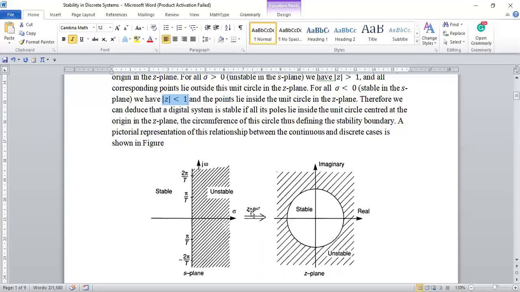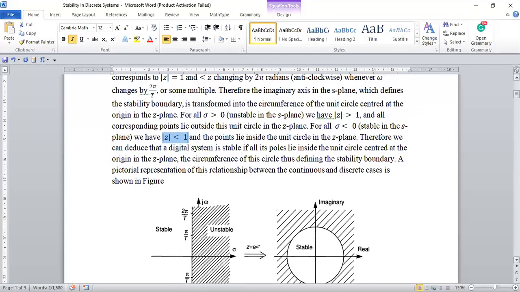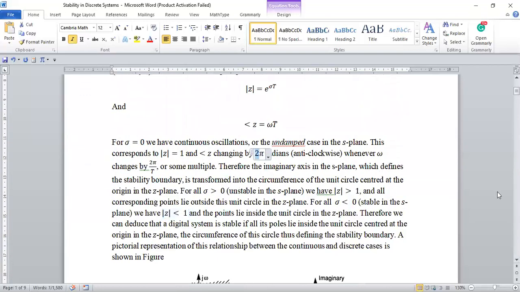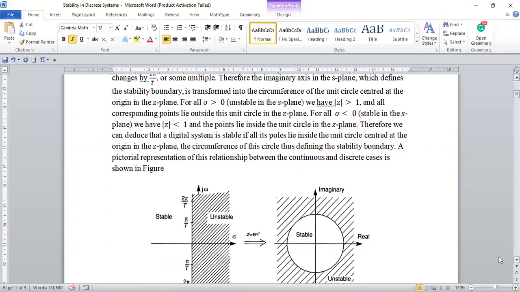But using this exact transformation relationship, this particular line, which is the region of marginal stability, is translated into a circle, the circumference of the circle being 2 pi. The 2 pi radians we mentioned here, and the limits are +1 and -1, because we said that if the modulus of z is greater than 1, the system is unstable.